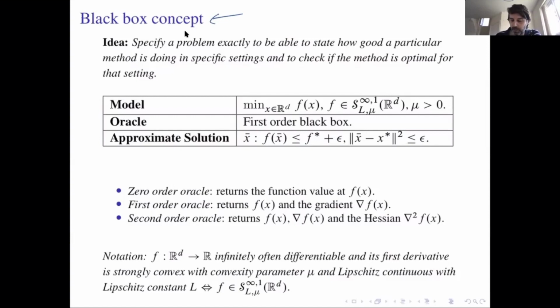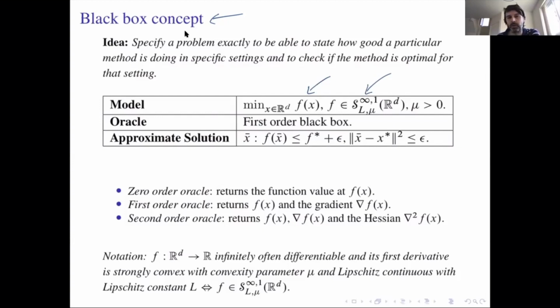So here there are 3 lines in this box. The first one describes the optimization problem. So we minimize a function here over R^d, but you could obviously also consider a convex set Q. Again, we're interested in minimizing a function f of x. We are looking at a particular class of functions. This looks a bit busy, a lot of indices, but essentially it's very similar to what we had earlier.